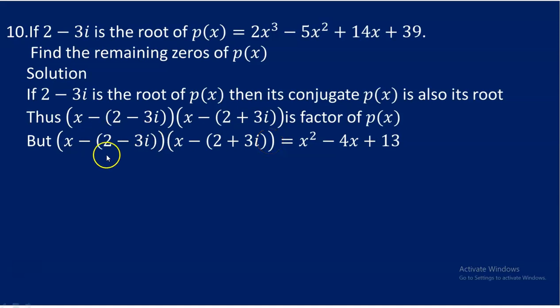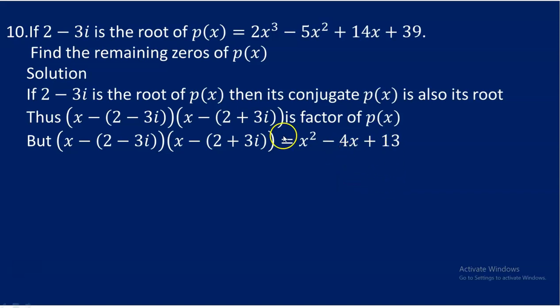And multiplying again, you will get negative (2 minus 3i)x. When you combine these two, you will obtain negative 4x, because the positive 3i is cancelled by the negative 3i, and what remains is only minus 4x.